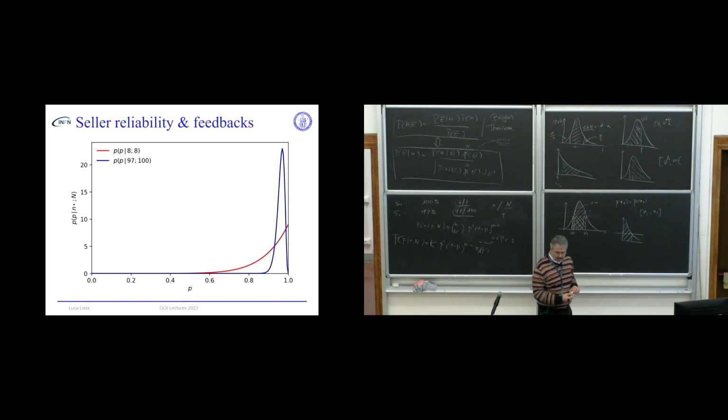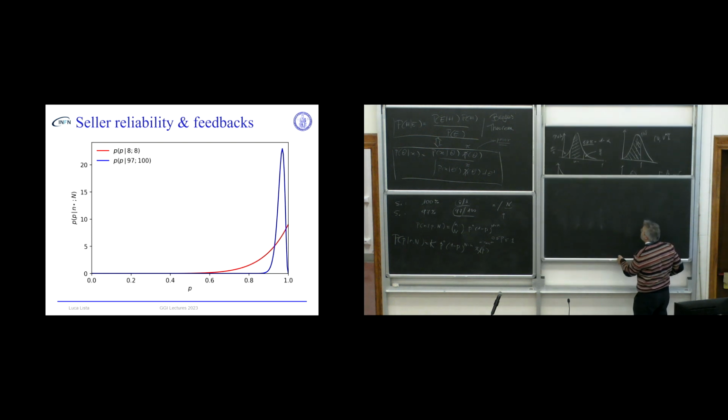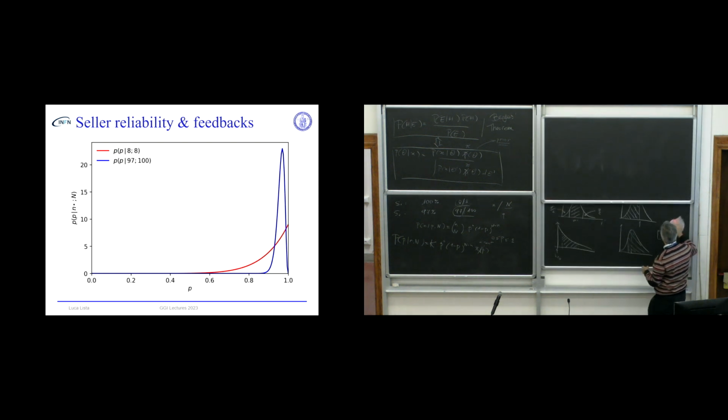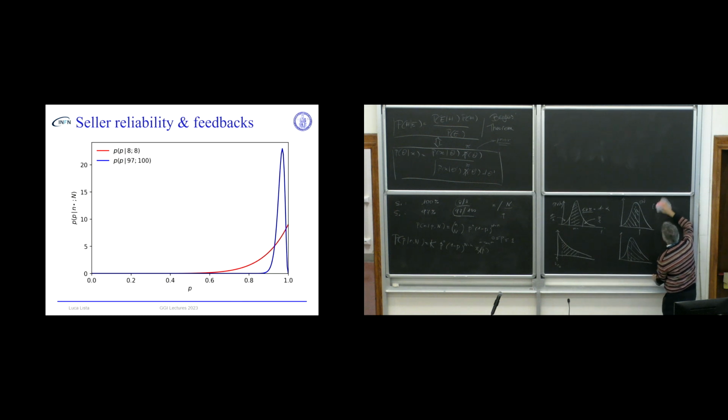So how can we also formalize it? Now, you remember yesterday we said that a binomial process is just the sum of capital N Bernoulli processes, okay?